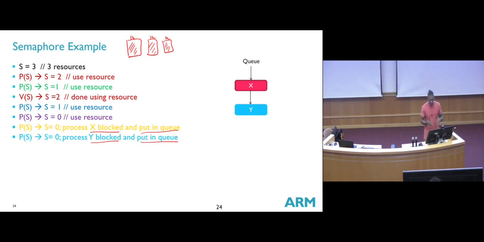Now all three resources are occupied and I have two tasks in the queue. X and Y cannot continue unless somebody releases the resource, correct? When somebody releases it, I am able to unblock X and allow it out of the queue.